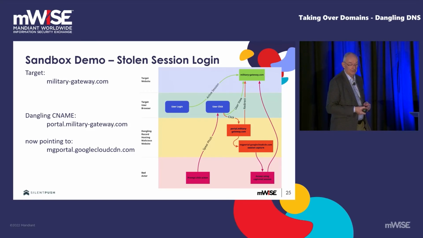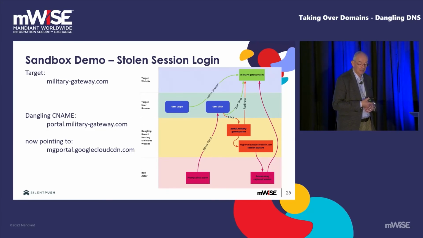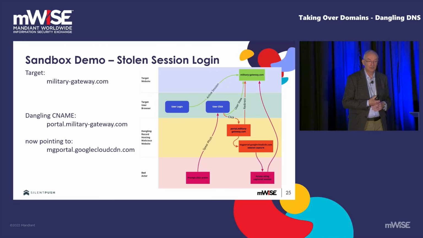So this works through this DNS dangling CNAME chain, similar to all the other ones. But we want to break it down into 2 different views, right? Because what the user sees and what actually happens are 2 different things. So on the blue icons there, this is the user logging in with an active session into the military-gateway.com site.